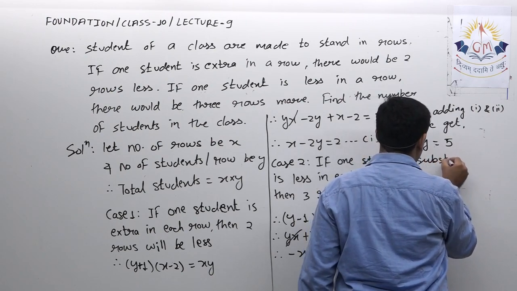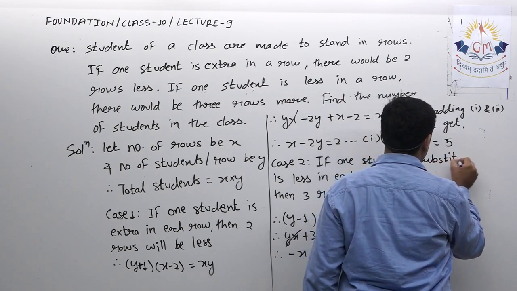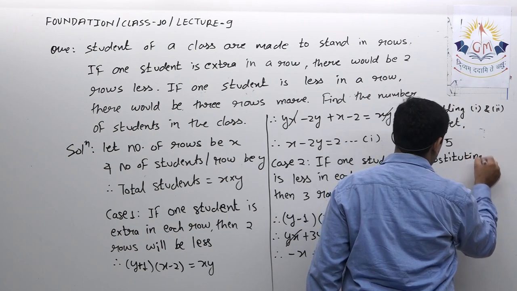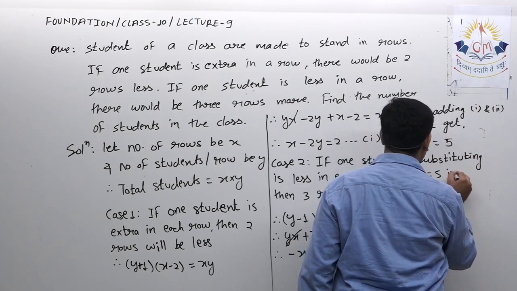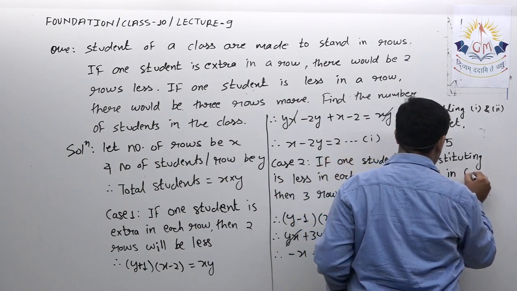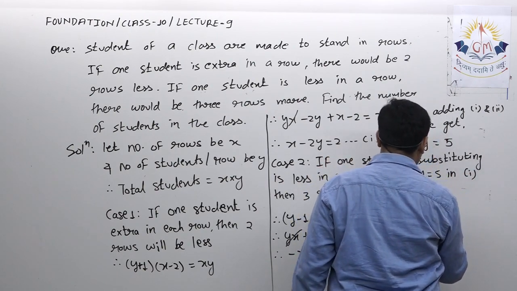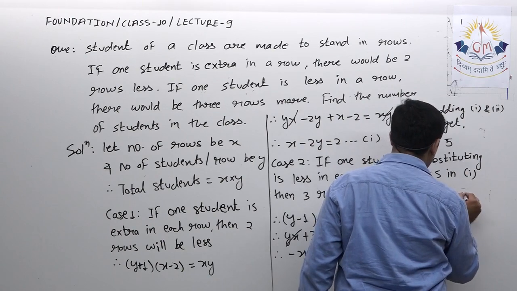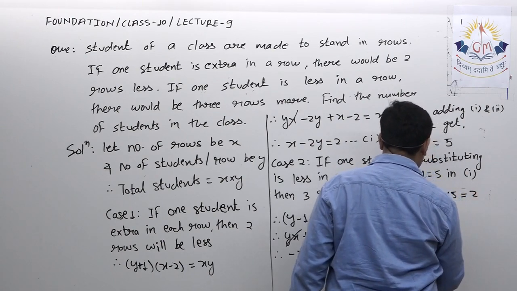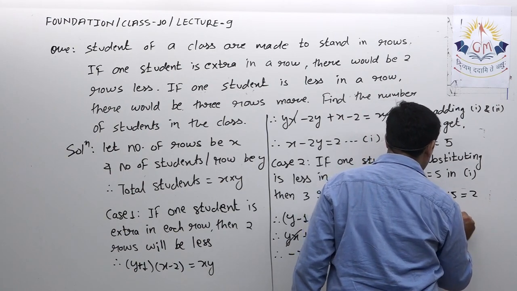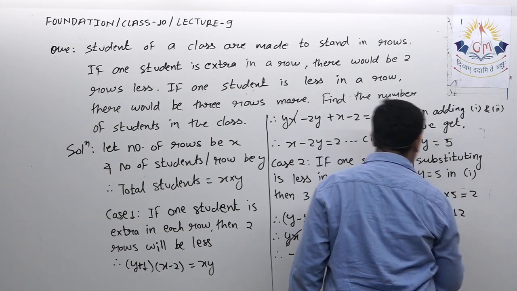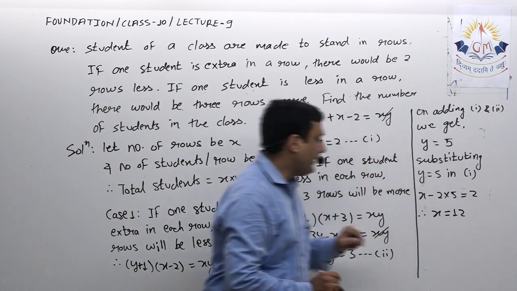Substituting y equal to 5 in first: x minus 2 into 5 is equal to 2, therefore x is equal to 12, not 10. Okay, so now y equal to 5 and x equal to 12.